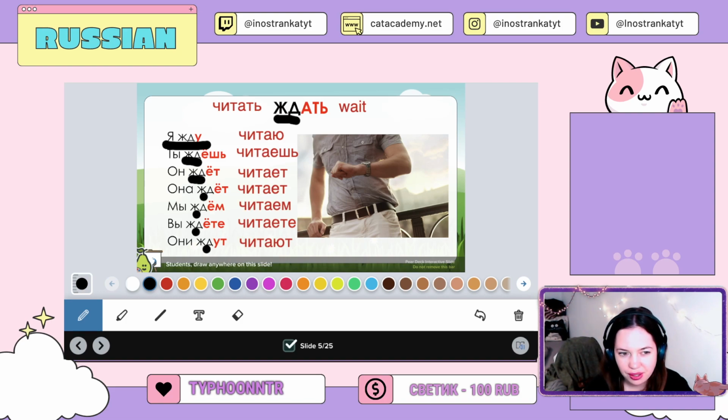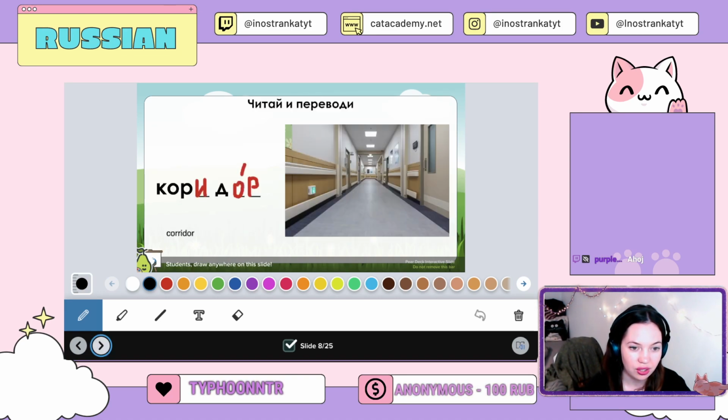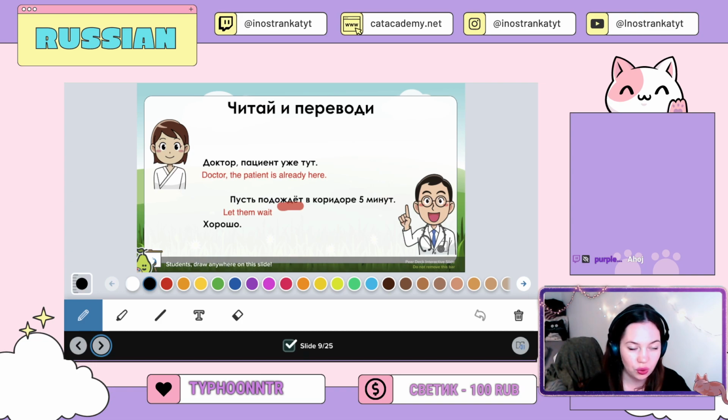And these two letters, especially letter zh, are not super common. So if it goes together with some other letters, it means it's a pattern. If you see them together, probably it will be something about waiting. Подождет, переждет, не дождался. Everywhere where we see жд, it should be something about waiting.